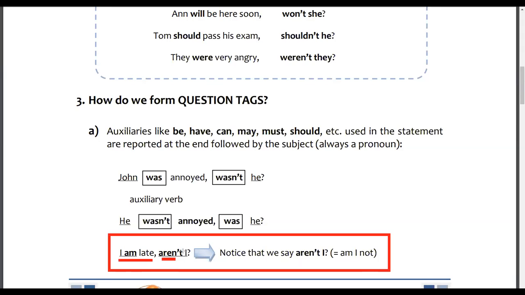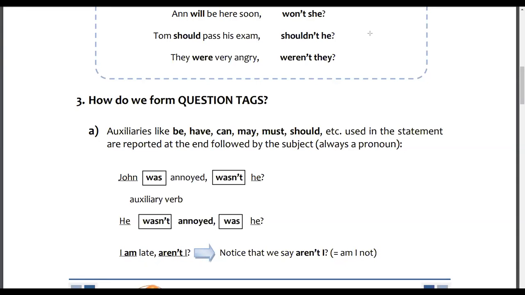Aren't I? Yes. I am late, aren't I? All right. So that is something that you need to know. Please don't say, am I not? Always say, aren't I? Aren't I? Very good. All right.